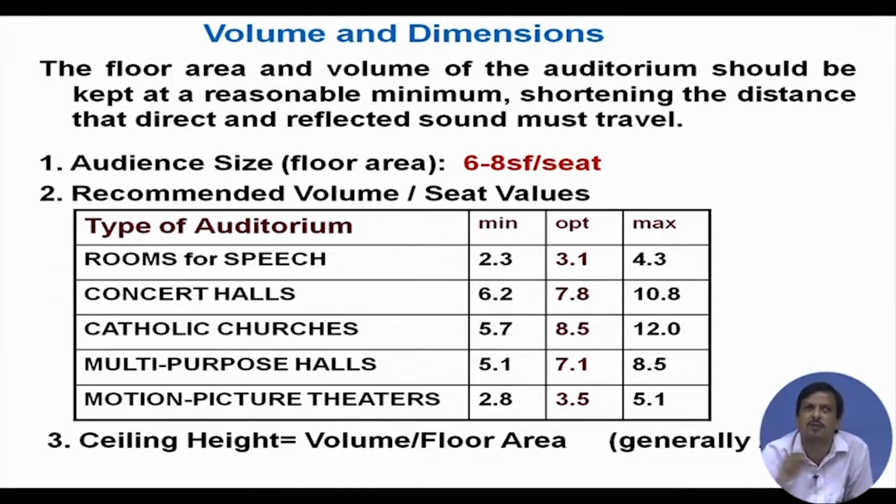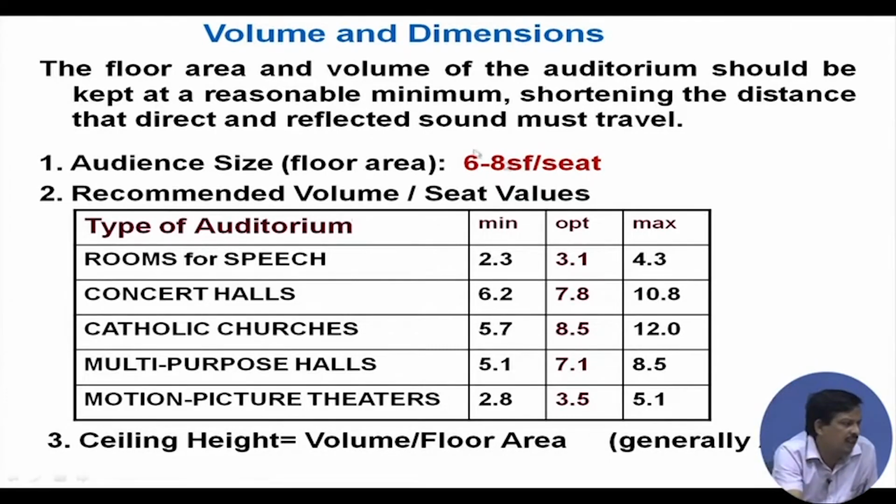So, two parameters are required: optimum volume and optimum distance from the stage to the person. For that, I have to design the shape, and then design the volume and dimensions of the auditorium: length, width, breadth, all those things.